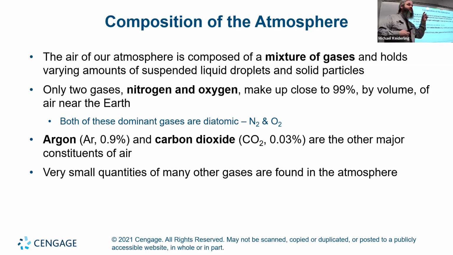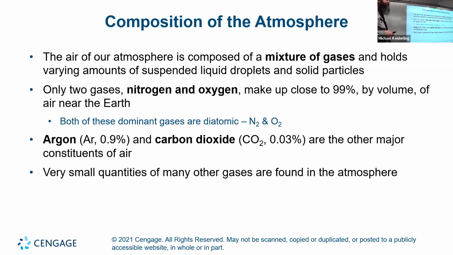They consist of two atoms forming a molecule, N2 and O2. And next we have argon, which makes up about 0.9%, just a little under 1% of the atmosphere. And then carbon dioxide, which is 0.03% of the other major constituents of air.